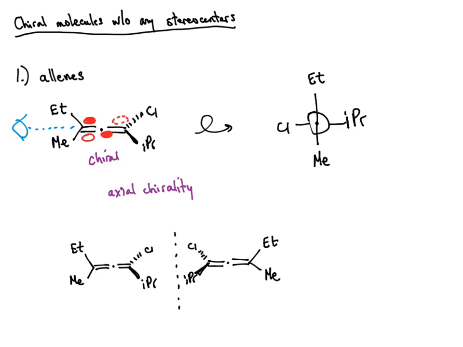Another example of a molecule that is chiral but doesn't have any stereocenters is the helicenes. So helicenes are hydrocarbons that have a twist to them. And similarly, a DNA double helix twists with a certain handedness, so it's also chiral.